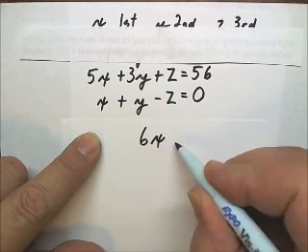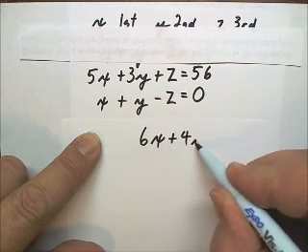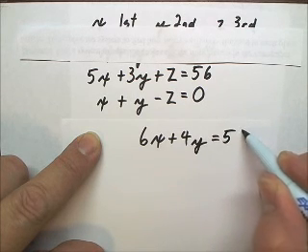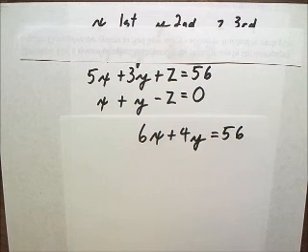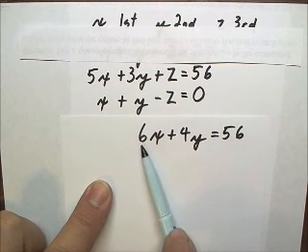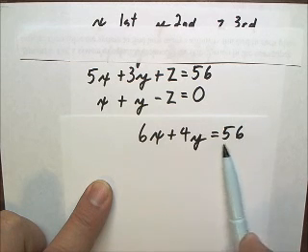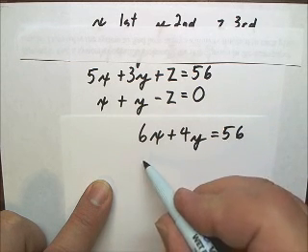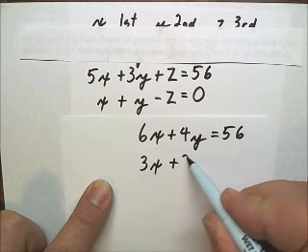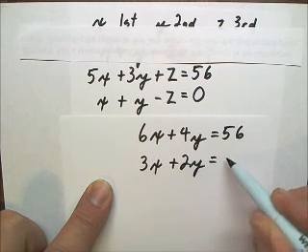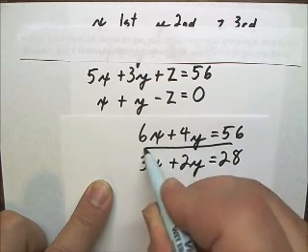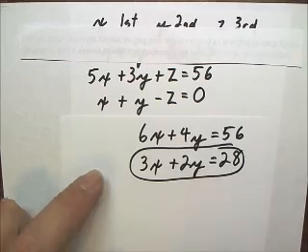So this is 6x plus 4y equals 56. Okay, and looking at this equation, this is reducible by 2. So just to make it simpler, I would work with an equivalent equation, 3x plus 2y equals 28. And this is the second equation that I'm going to work with.